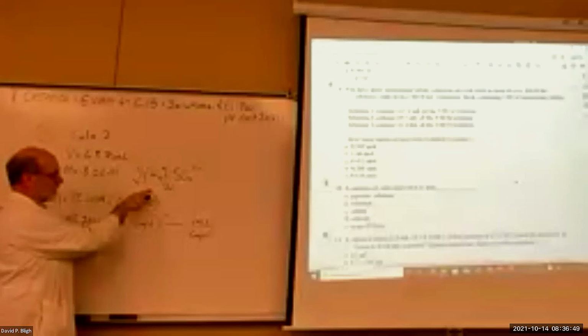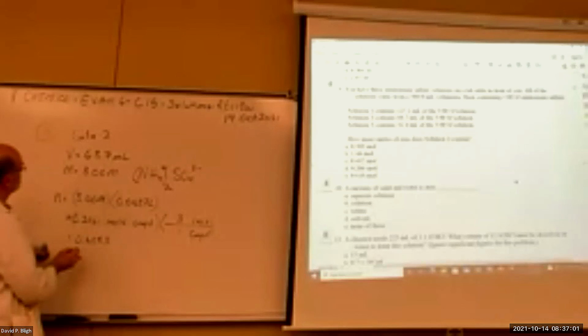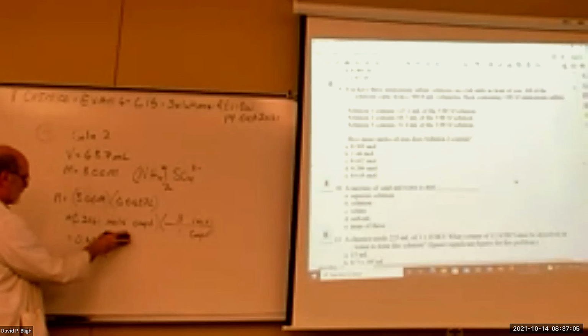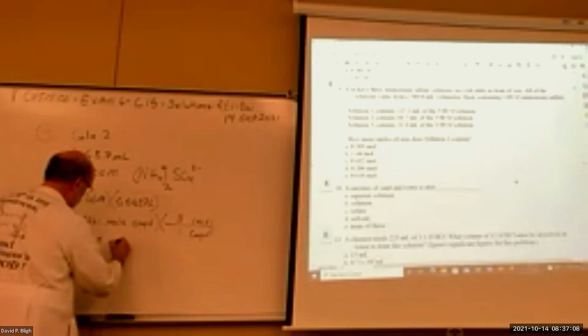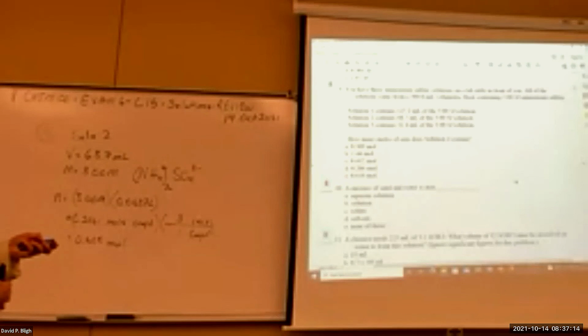They're intact. So you have 2 ammoniums and 1 sulfate. So it's 3 ions for every 1 compound. So we need to multiply that value times 3, which is 0.6183, and we can keep 3 significant figures, 0.618 moles.